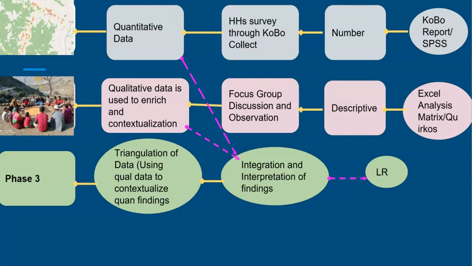Integration and interpretation of findings is very crucial in explanatory sequential research design. How can we do this? We can integrate quantitative data with qualitative data and interpret it based on the findings from other existing literature as well.